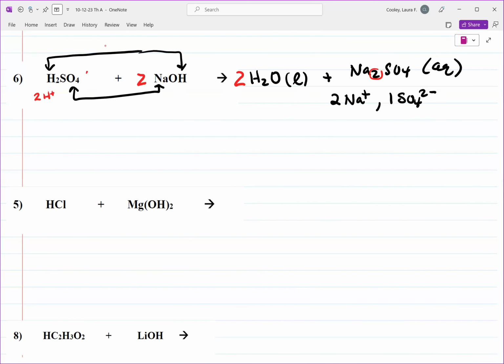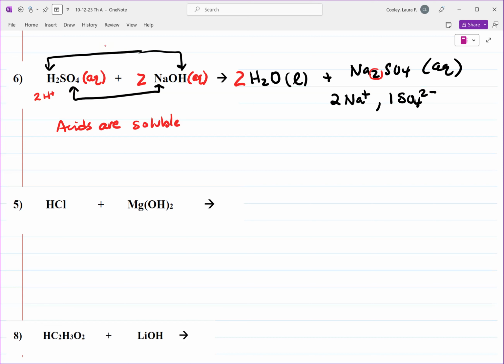I didn't put the phases here. But again, you have to use your solubility chart, except this is an acid. Acids are soluble. Okay. And sodium hydroxide is a soluble hydroxide because it has sodium, and sodium is an alkali metal, and it always produces soluble ionic compounds. So there's that equation.